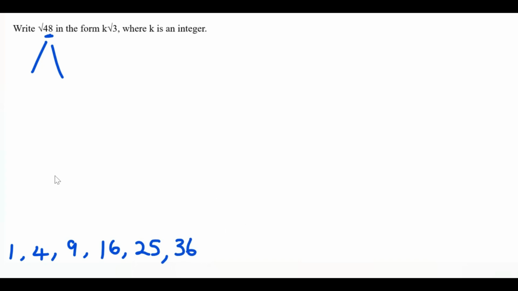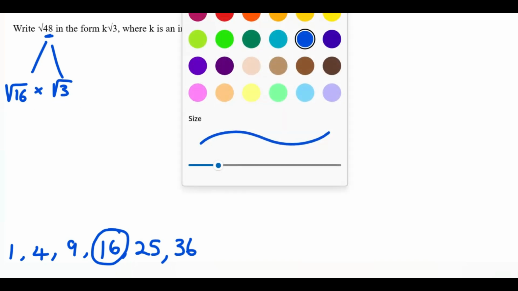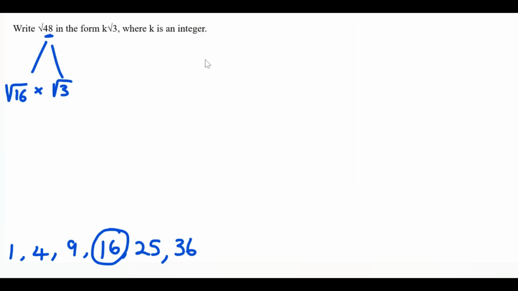So for this question, by using our list, we can see that 16 is the largest square number that can be divided into 48. Therefore, root 48 is equal to root 16 times root 3. So I'm just rewriting it here on the right hand side in another color.